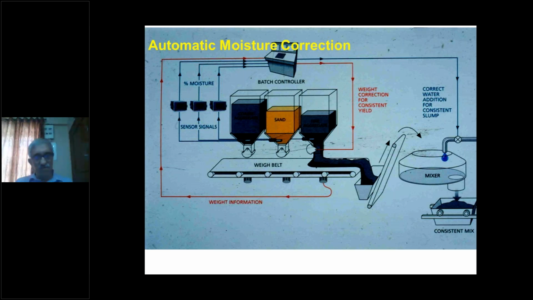But most of the plants in India, I am told that they do not use this type of measuring systems. They have their own versions of it. But generally, the mixer operator uses his judgment, looking at the mix in the mixer, whether the correct quantity of water is put on.